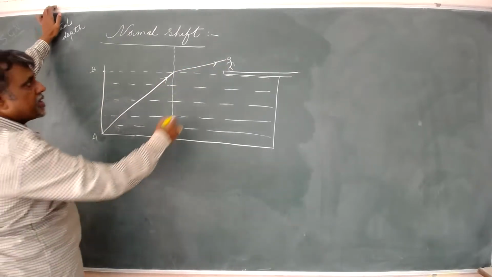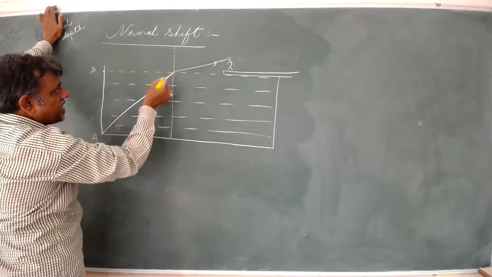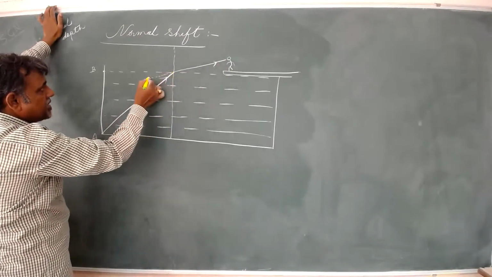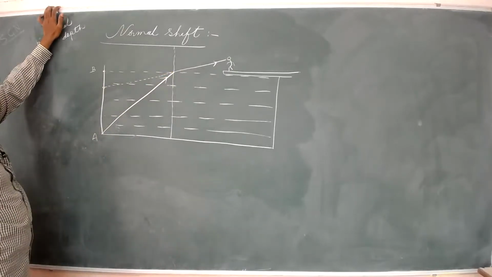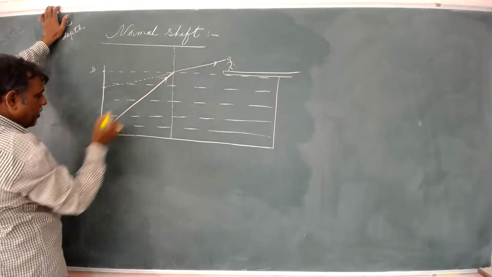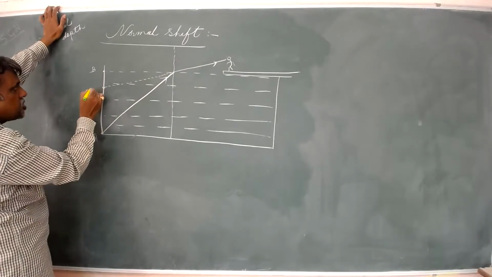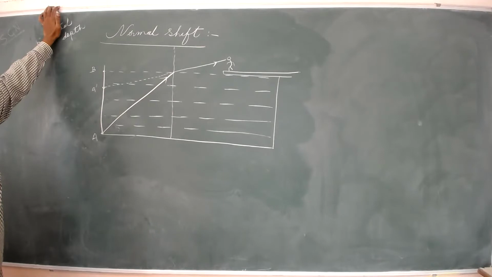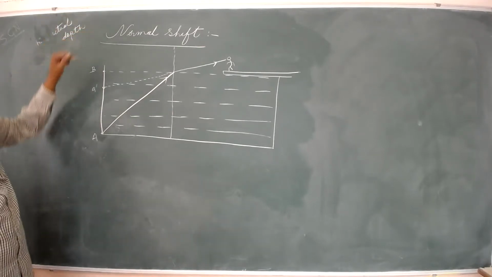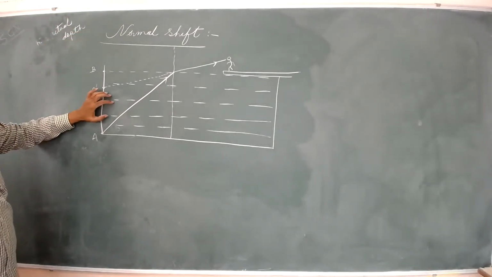But this observer feels that the light ray seems to be coming from somewhere else. For the observer, A seems to be here, at A dash. This much part is missing.